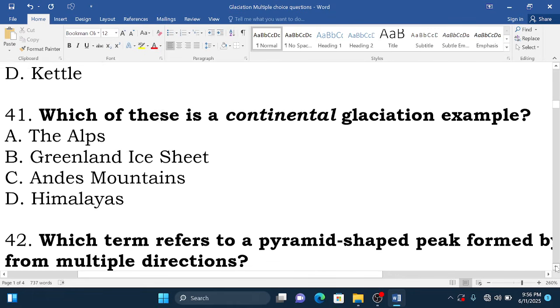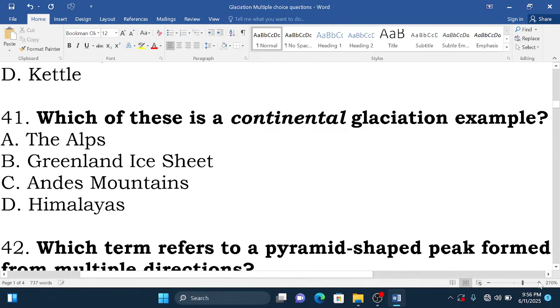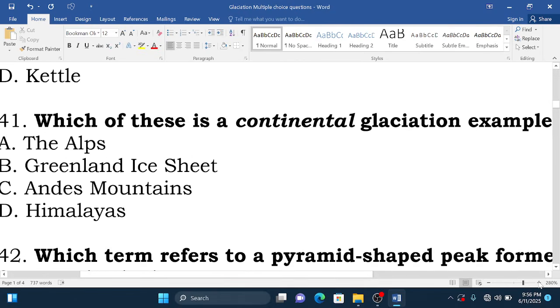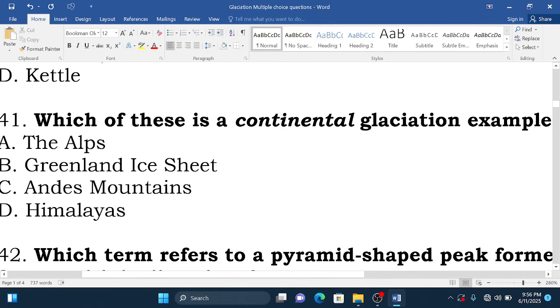Question 41 is asking, which of the following is a continental glaciation example? A, Alps, which is not correct. B, Greenland ice sheet, correct. C and D, Andes Mountains and Himalayas.